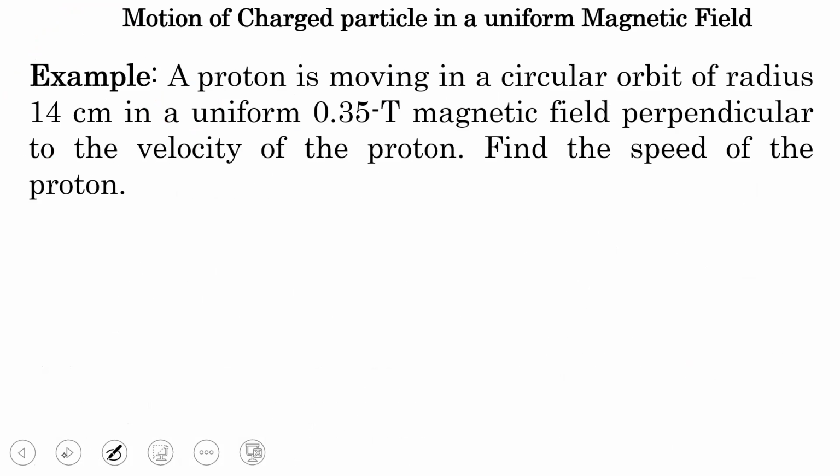So this is an example. It says a proton is moving in a circular orbit of radius 14 centimeters.